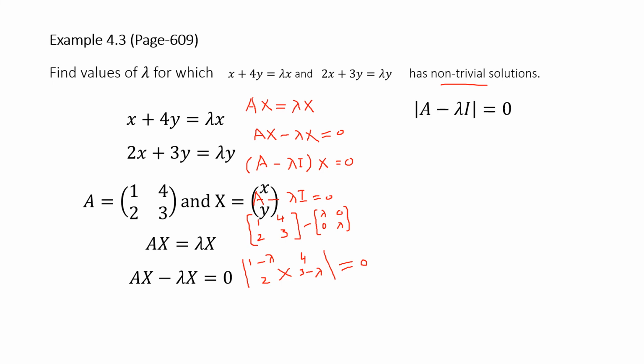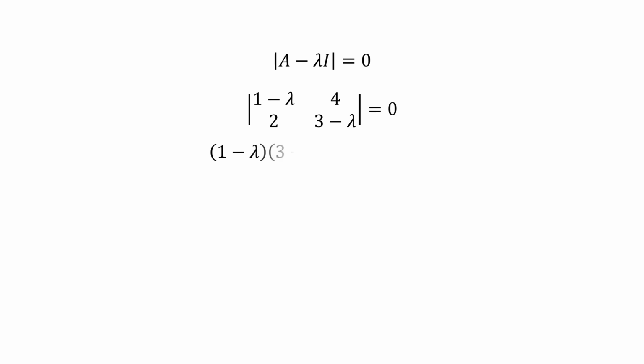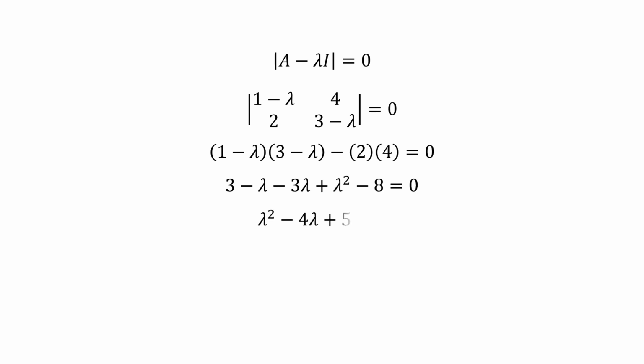So solving this, multiplying them, and this is the condition for a non-trivial solution. We get lambda squared minus 4 lambda plus 5 equals 0.